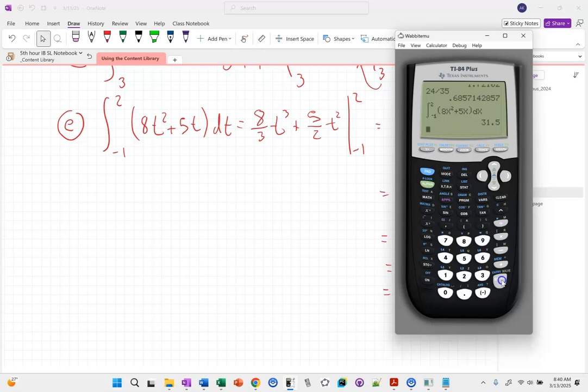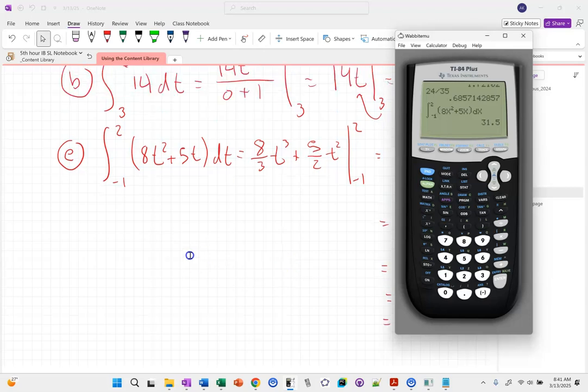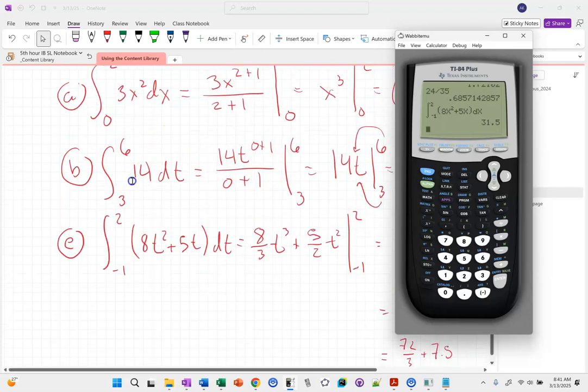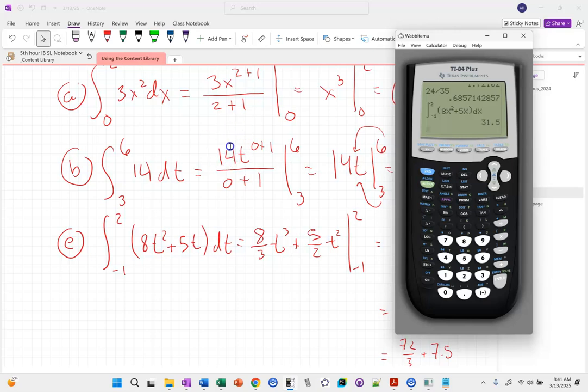You can only do it with definite integrals. But here's what we can do. If it is an indefinite integral, say I was trying to decide whether I did the antiderivative right for the integral of 14 dt. Is it really 14t? Here's what I can do.